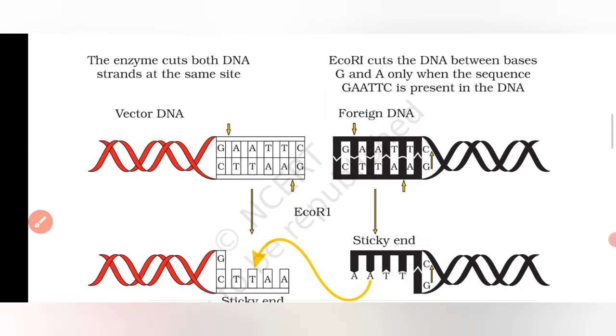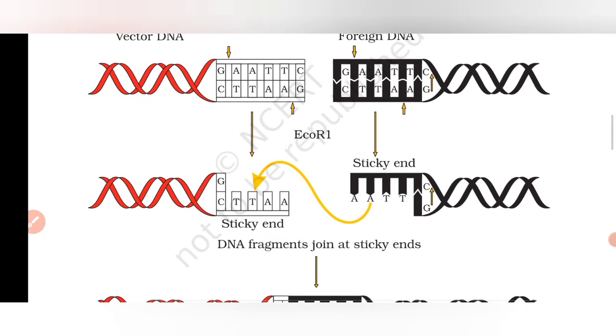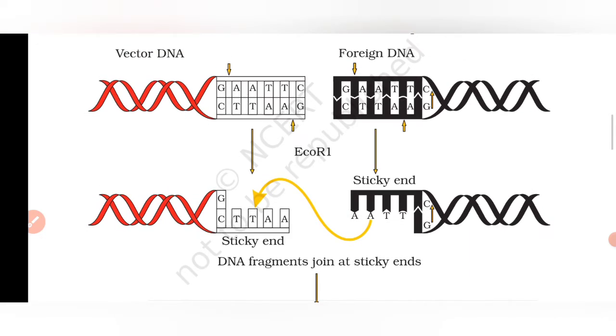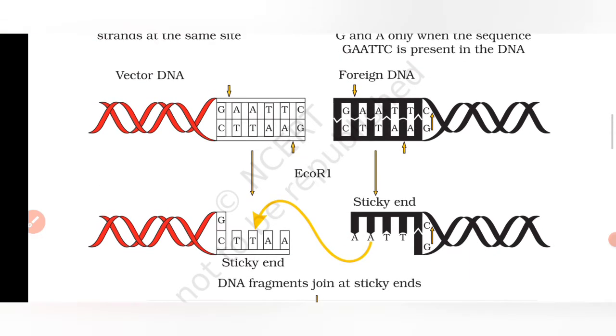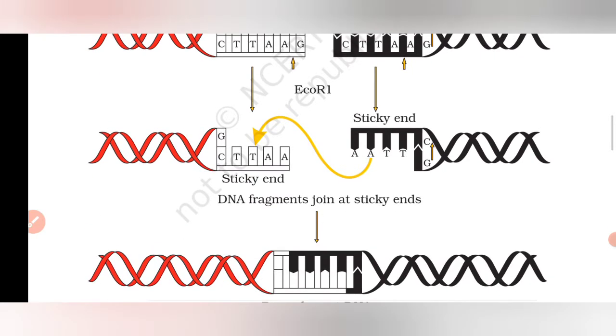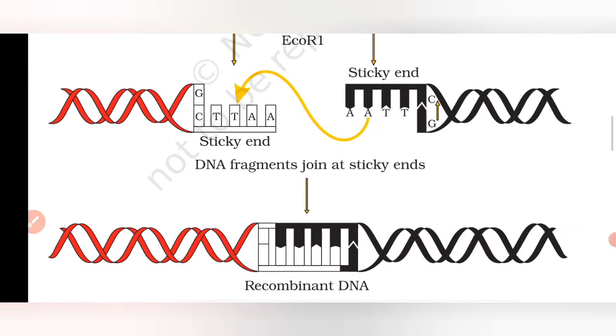So here they have shown diagrammatically how it cuts the DNA. Here the vector DNA is given, and here the foreign DNA, and the restriction enzyme with which you cut the vector DNA, the same restriction enzyme should be used to cut the foreign DNA, so that they generate complementary base pairs or complementary sequences.